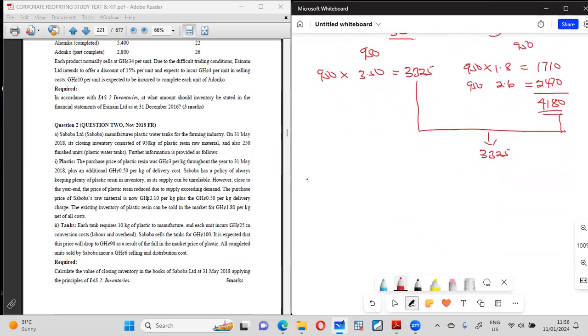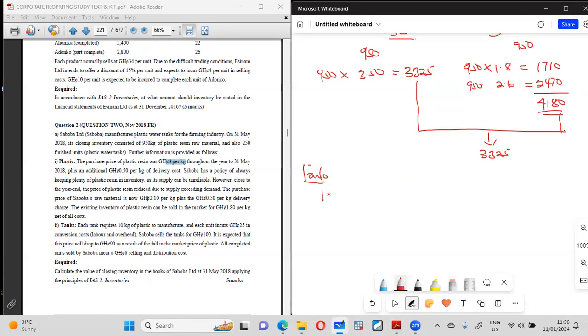Then let's go to the tanks. What is the cost of the tanks? We are told that each requires 10 kg of plastic to manufacture. Okay, so 10 kg. What is the price of a kg? The price of a kg we are told here is 3 throughout the year.